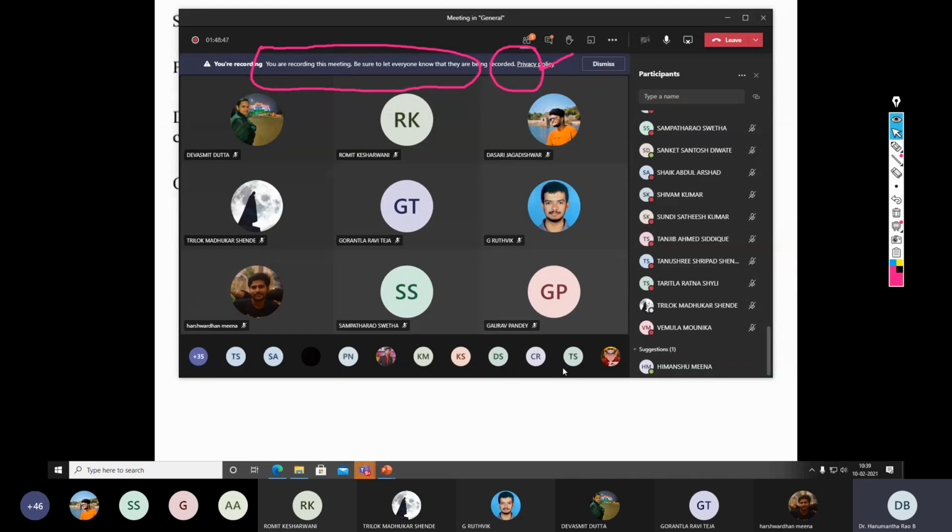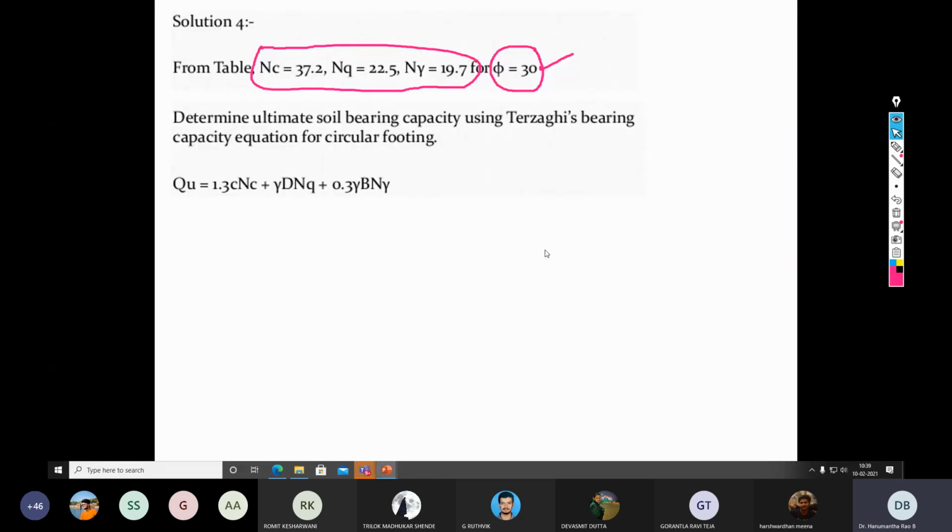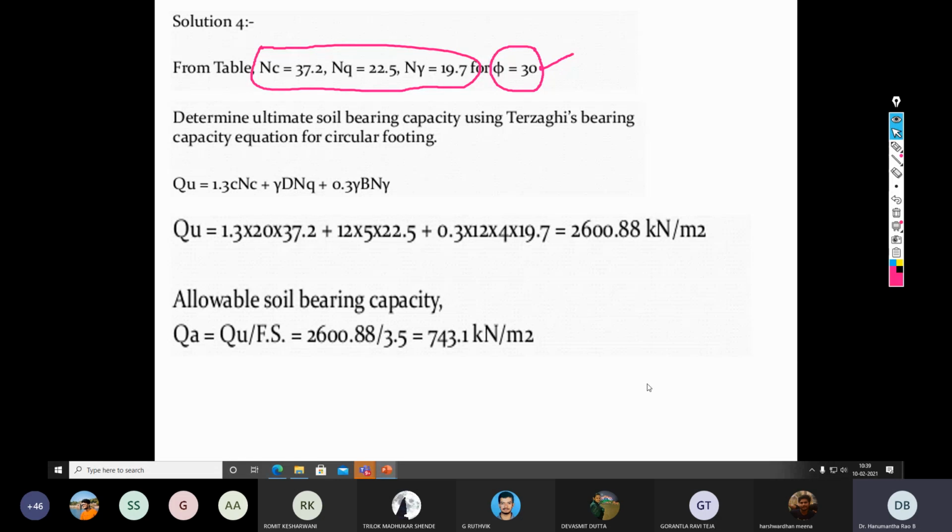So this is the final answer. qu is 1.3 times C, which is 20, and Nc is 37.2, gamma is 12, D is 5 meter depth, and q is 22.5, plus 0.3 gamma, B is 4 meter, and N gamma.